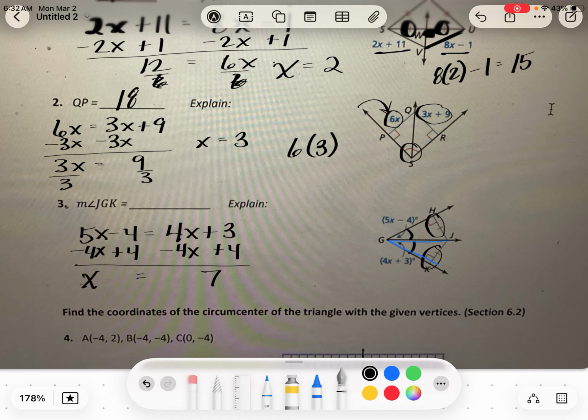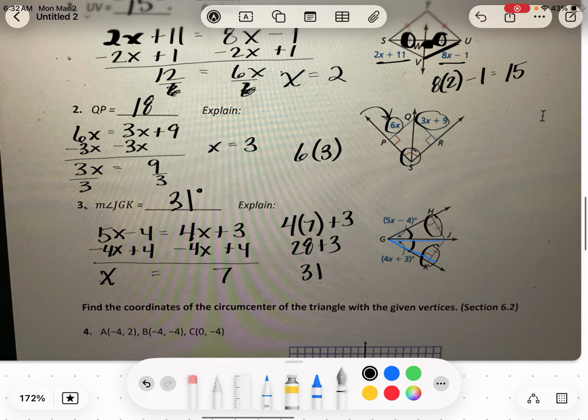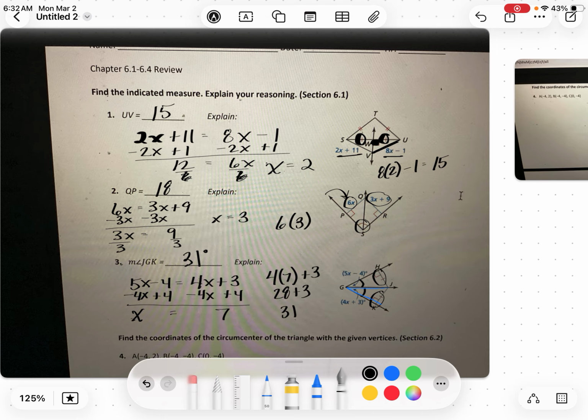So if that's the case, 4 times 7 plus 3, or 28 plus 3, which is 31. Okay. And again, that's another angle bisector. Okay. So those are the first 3 questions again.